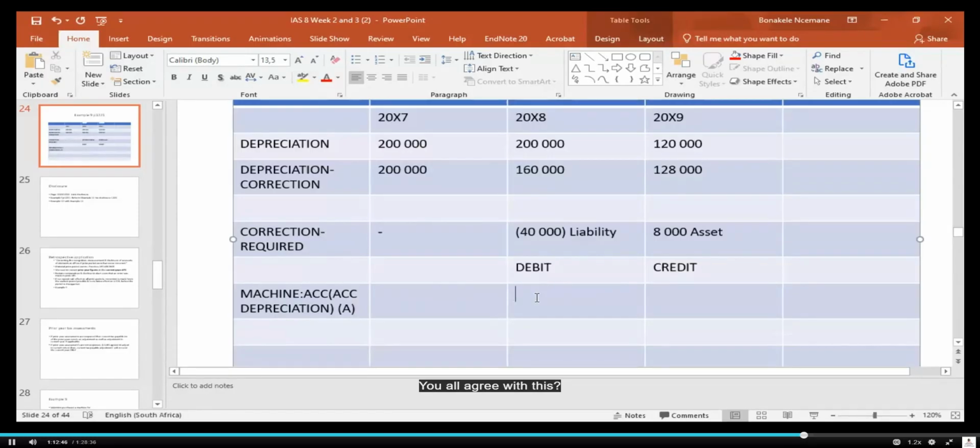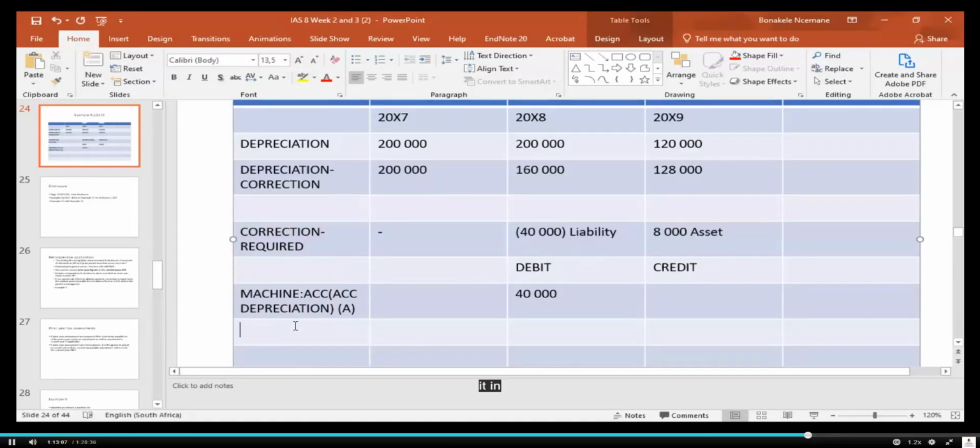You all agree with this? Do we all agree that the 40,000 of accumulated depreciation I need to debit, because I credited it? Of course, sir. All right, so we all understand it.